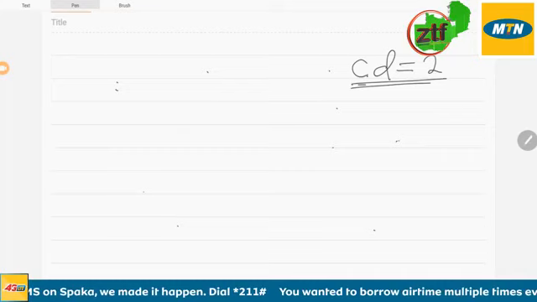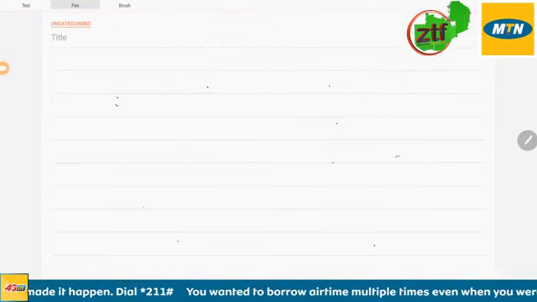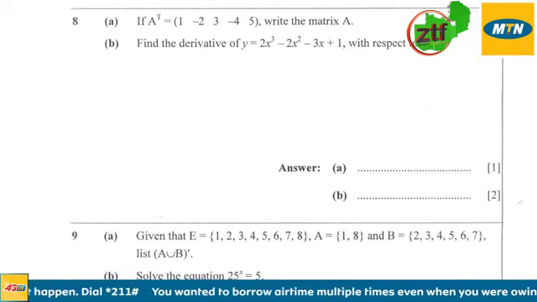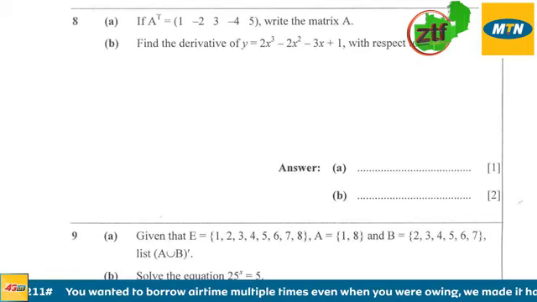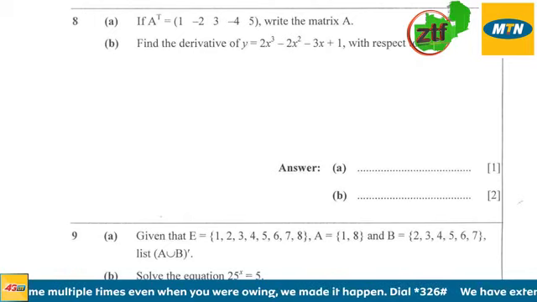It reads, if A transpose equals 1, negative 2, 3, negative 4, and 5. When I say negative 4, negative 5, I'm simply talking about negative numbers.